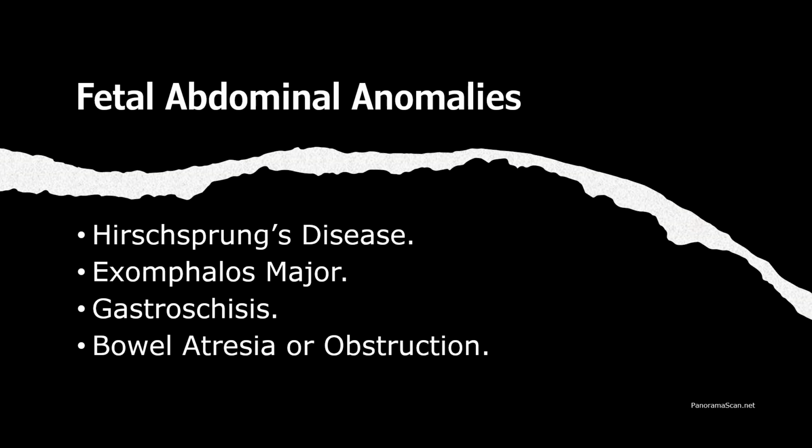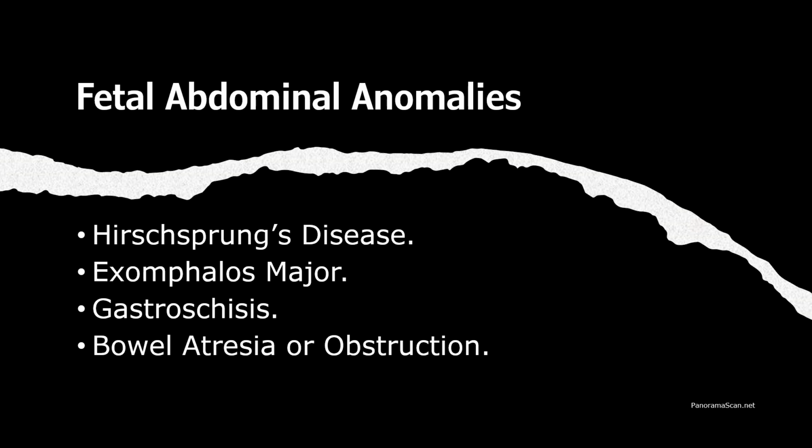Next, we will explore exomphalus major, a condition where abdominal organs such as the intestine are outside the body within a sac and the cord remains attached. We will also cover gastroschisis, which is another condition where abdominal organs are exposed outside the body without a protective sac, often requiring surgical intervention after birth.